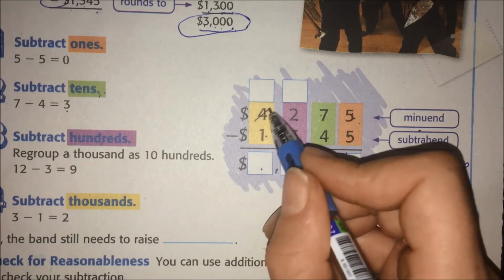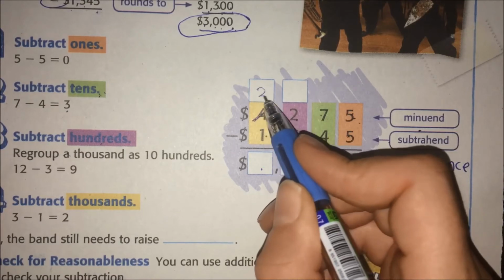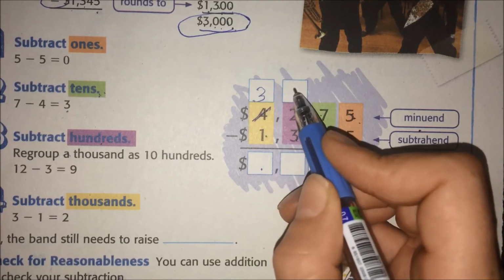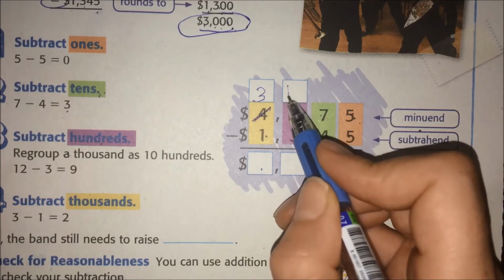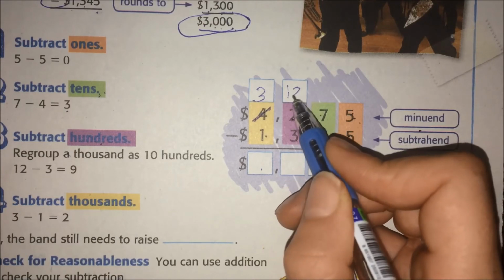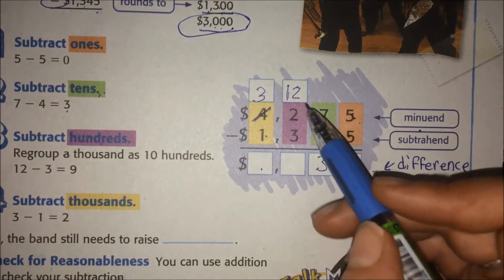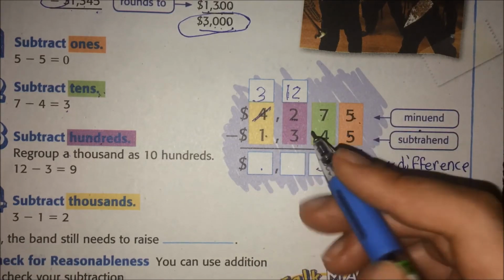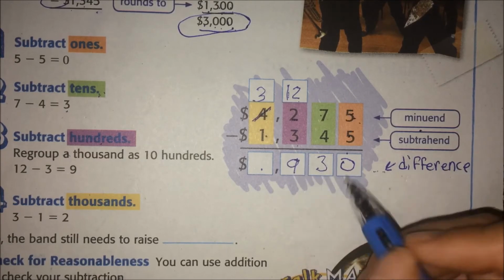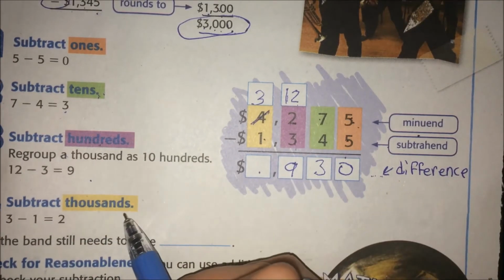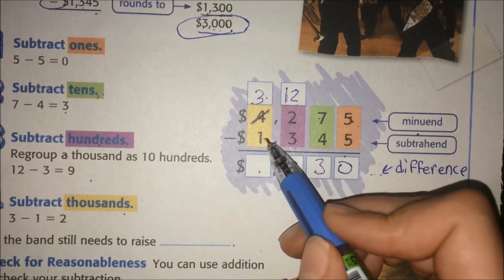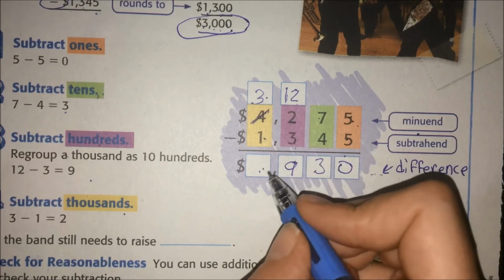Knock, knock. Can I have your 1,000? Oh, sure. Here you go. 1,000, and there was already a 2 there. Now, oh man, now I'm only 3. So 12 minus 3 equals 9. All right, and now subtract the thousands place. 3 minus 1 equals 2.